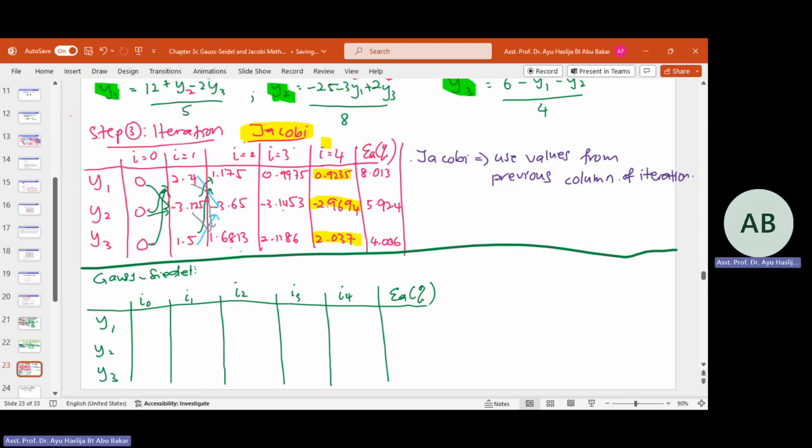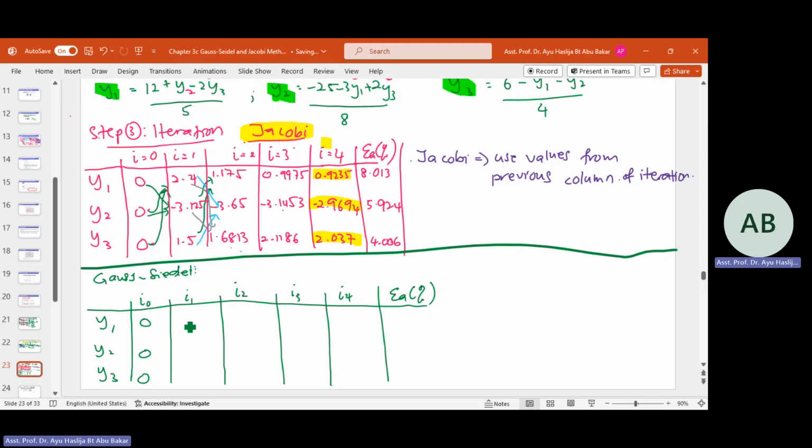Okay, so the first column always starts with 0. Zeroth iteration. We haven't started anything yet, so start with 0. Then for Y1, for the first iteration in Gauss Seidel, we use the latest value of the iteration.